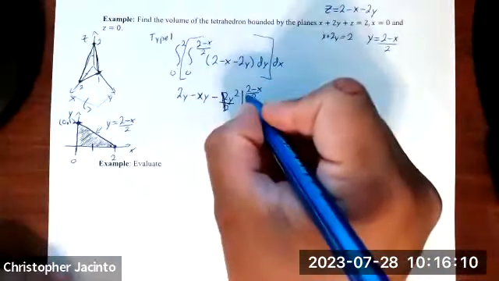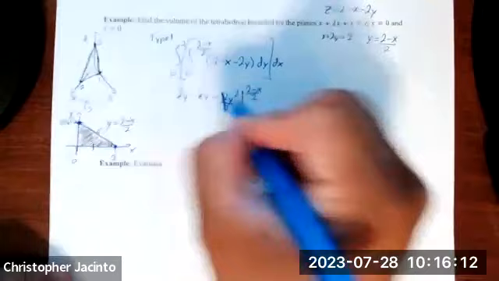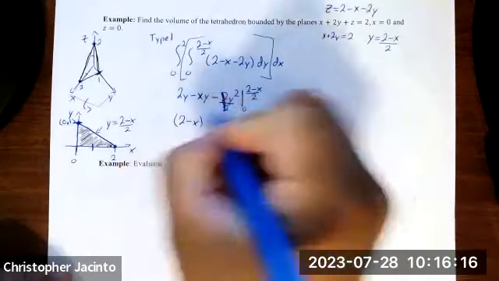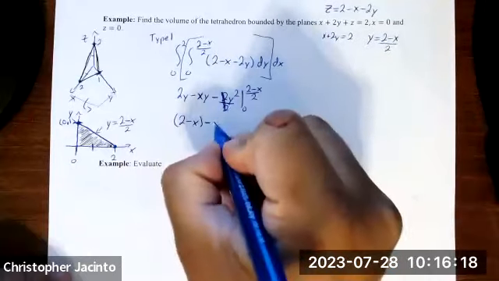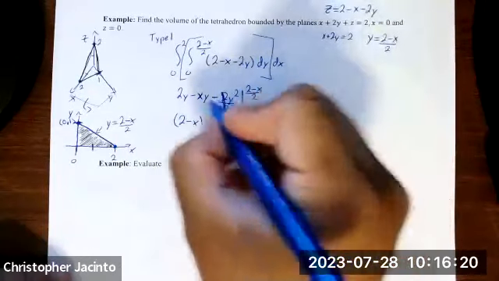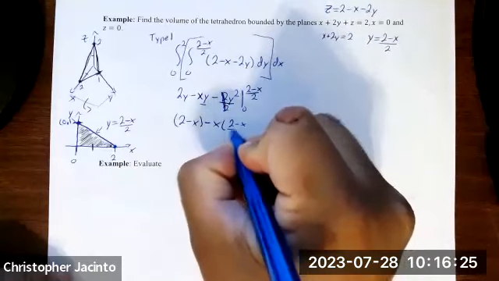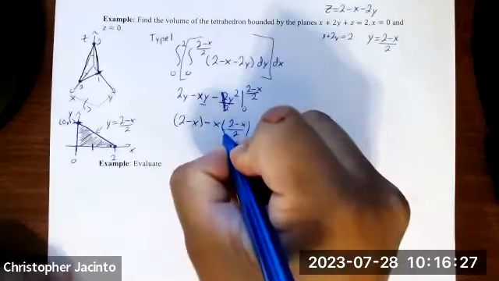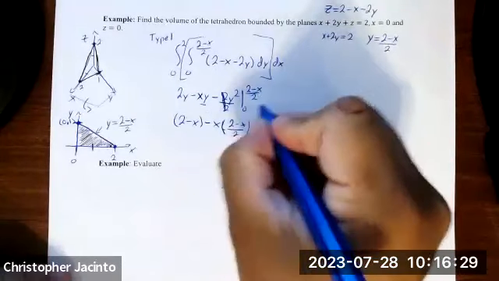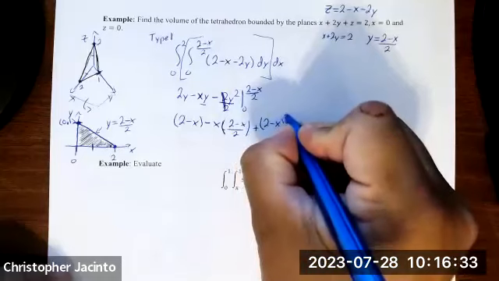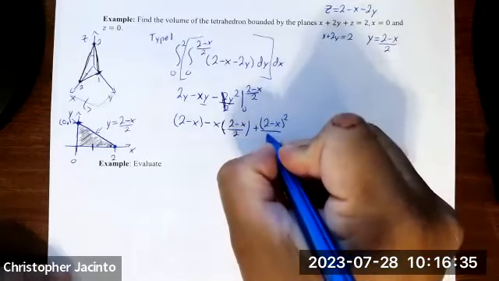So let's see, if I plug this into here, the 2's cancel. We just get 2 minus x times all of this for y, and then this whole thing squared. And I'm squaring 2, that gives me 4.